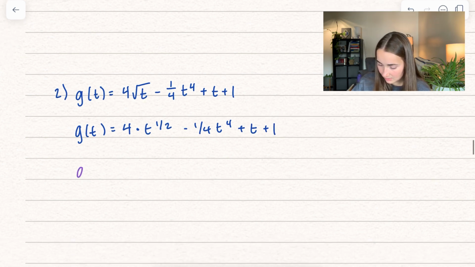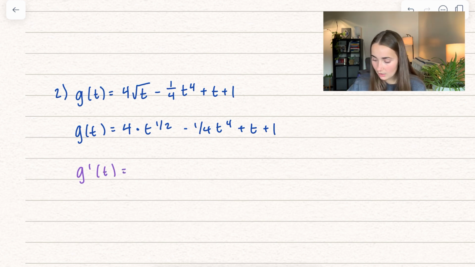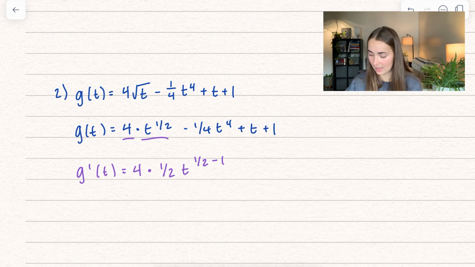Let's go ahead and calculate the derivative. So g prime of t is equal to, okay, so that 4 is a constant, it's just hanging out. I'm going to leave it there. And now I can apply power rule to t to the 1/2. So that 1/2 comes down, and now I have 1/2 minus 1 because I have to subtract 1 from the exponent. Moving on to our next term, that 1/4 is just hanging out.